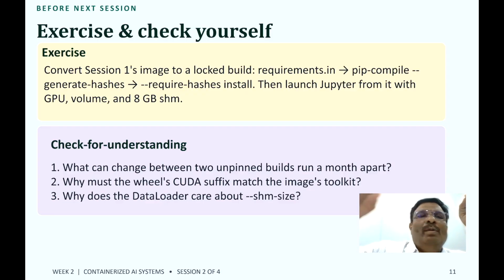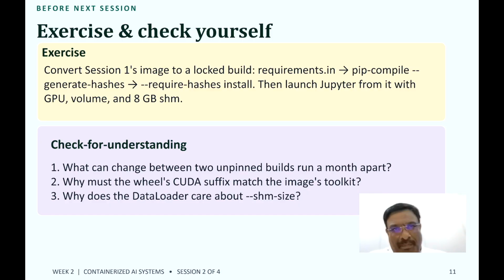Use requirements.in, then pip compile, generate hashes, and install that, then launch Jupyter from it with the GPU volume and 8 GB SHM. This is one exercise you should do before we start the next session. If any doubts are there, you can message me and we will try to answer.